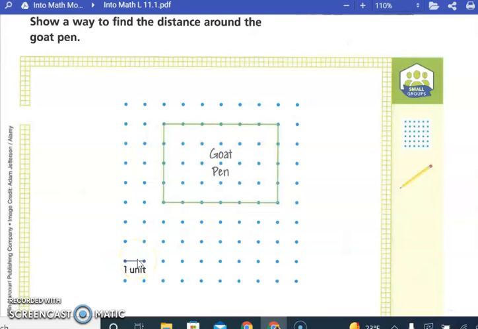Okay? 1 unit. So what is a strategy we could use to figure out how many units this is? You could count 2 dots and then say 1 and then 2 dots. Then we could just do this. We could go 1, 2, 3, right, for each space.